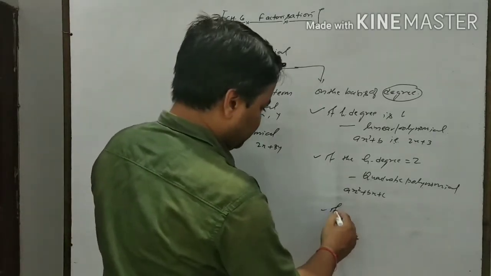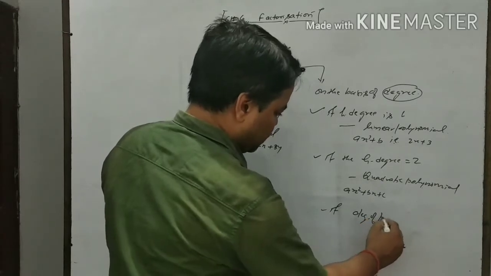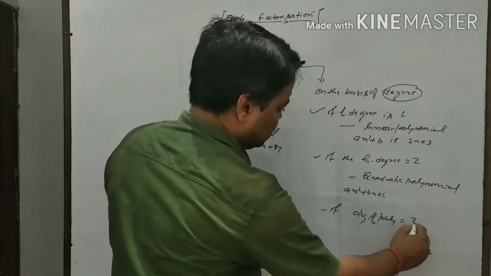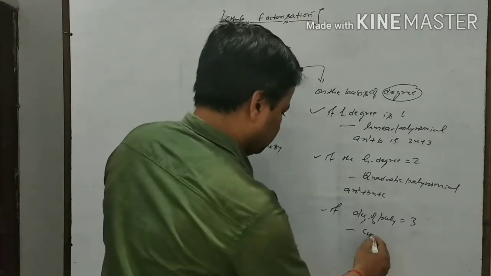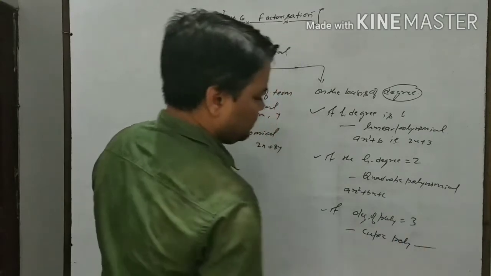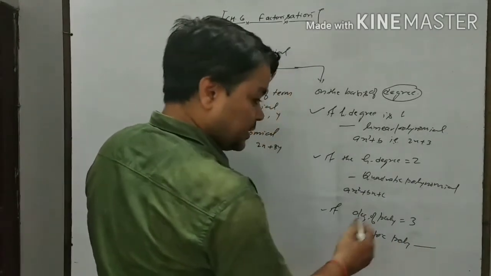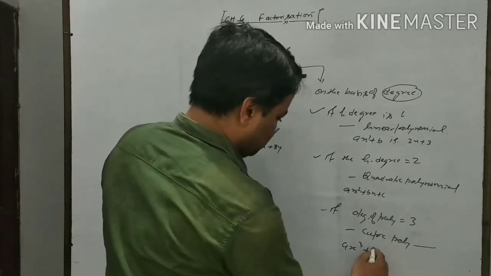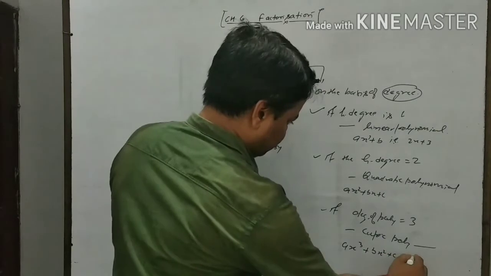Similarly, if the degree of the polynomial is equal to 3, then it will be a cubic polynomial. Just like here, the standard form is ax cubed plus bx squared plus cx plus d.